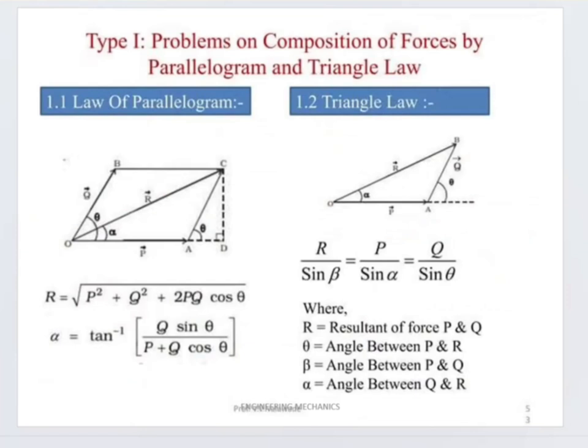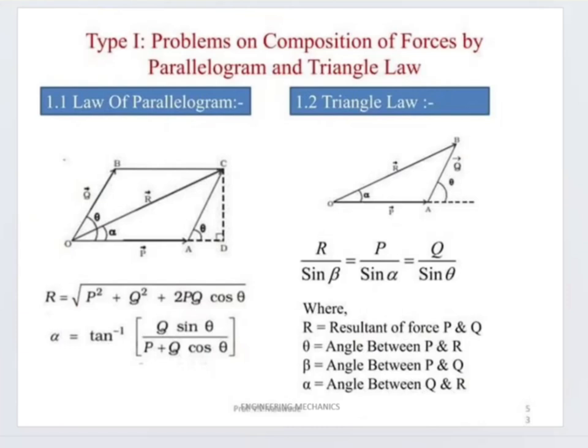Now, type 1 is the problem on composition of forces by parallelogram and triangle law. In the parallelogram, you can see the force from point O to B is Q, and from O to A is force P, and the resultant represented by the diagonal is R. To calculate the resultant, R is equal to the square root of P square plus Q square plus 2PQ cos theta.